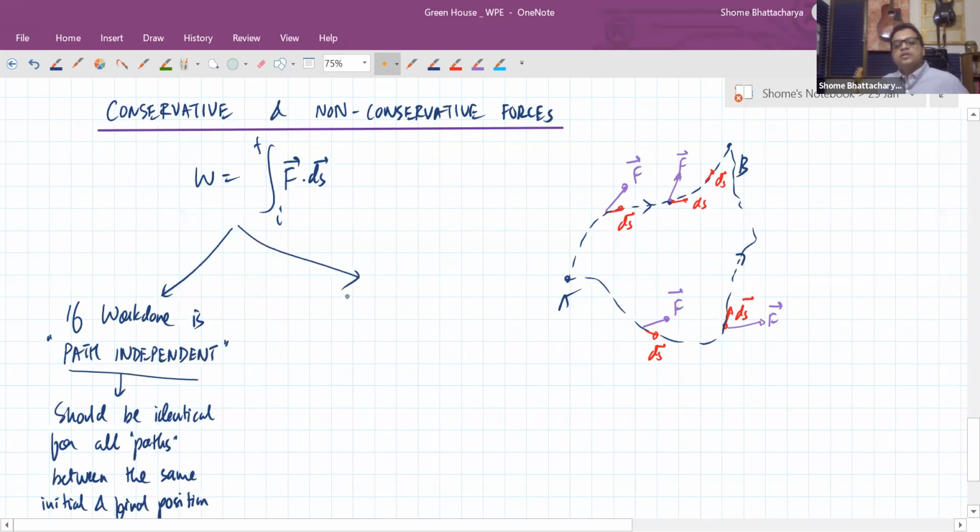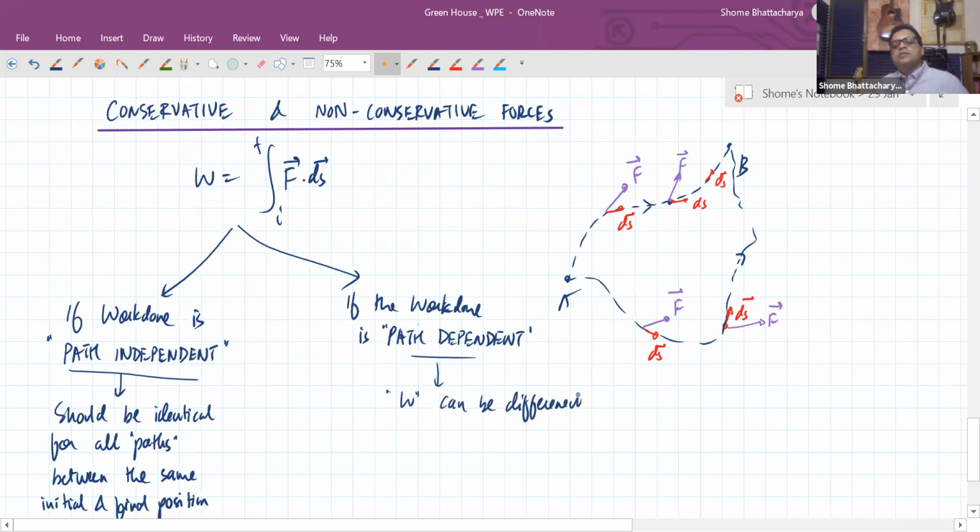Whereas if the work done is path dependent, by path dependent it means that the work done can be different for two different paths.